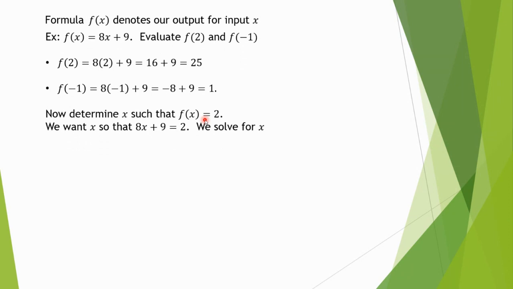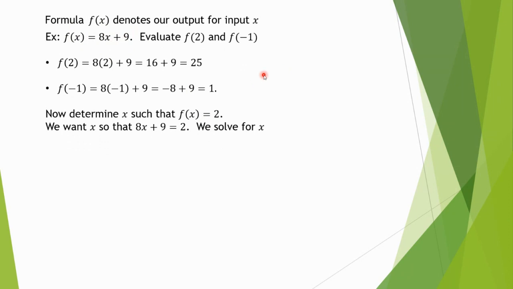So for each x value, we want to know how to get the output, the y value, or the f of x value. So this is one example. With this example, here we're algebraically saying take your input x, multiply it by 8, and add 9.